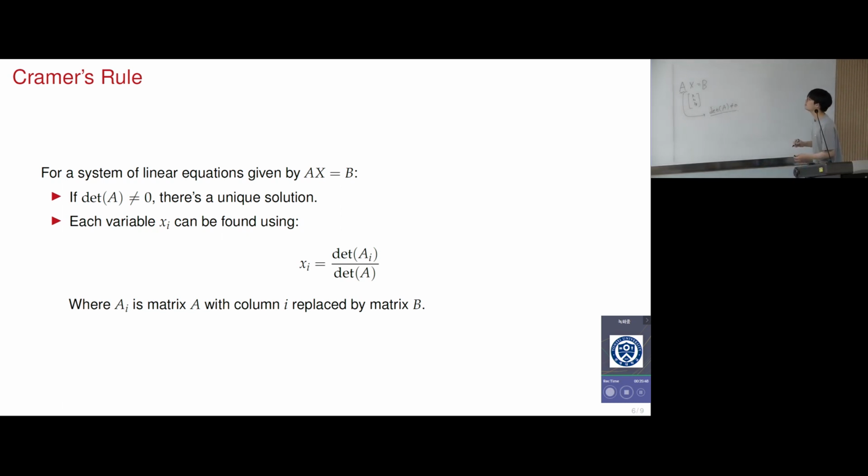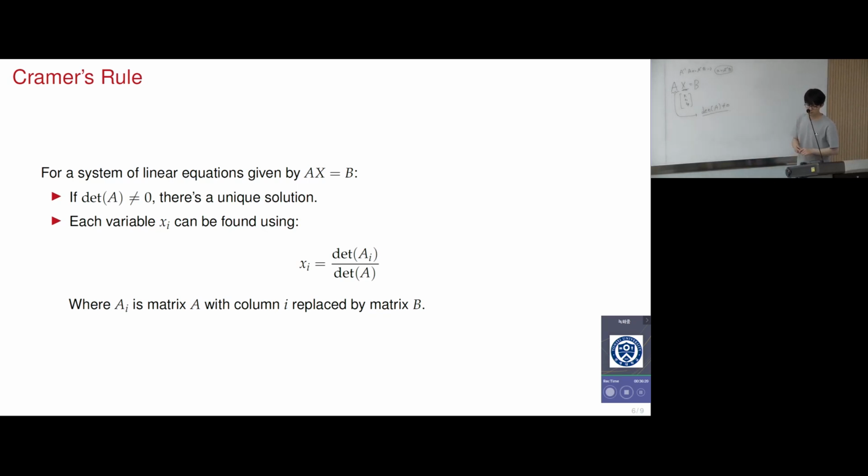You can see why, because I already told you that if the determinant of A is 0, that means A does not have an inverse. So X is not going to have a unique solution. Because if A has an inverse, you can just multiply by A inverse and get X = A inverse B, which gives the unique solution.